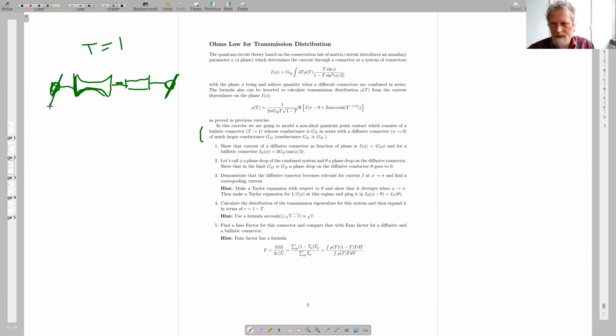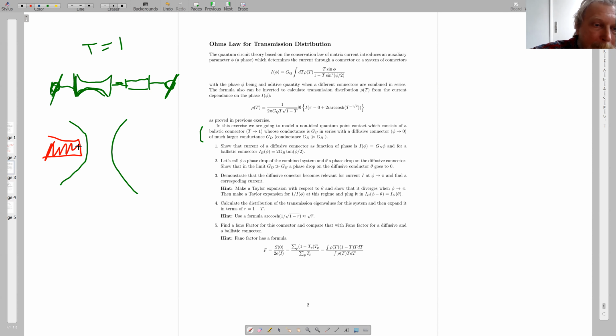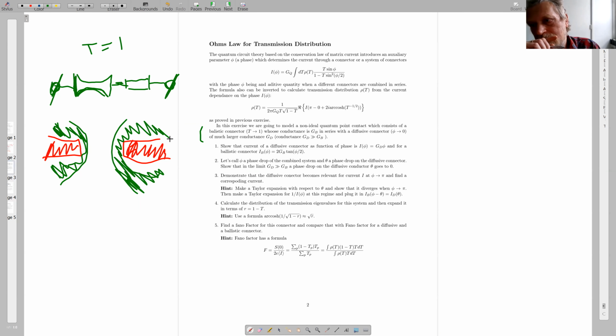So there is a circuit representation. In real life, it can be something like that. We make a constriction in the gas. So it is depleted, and when it is wide, it can transmit.